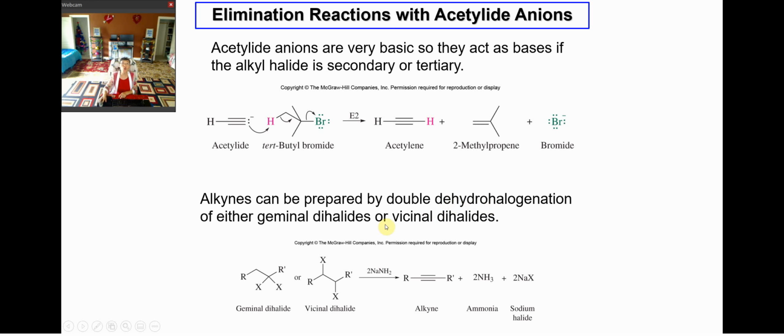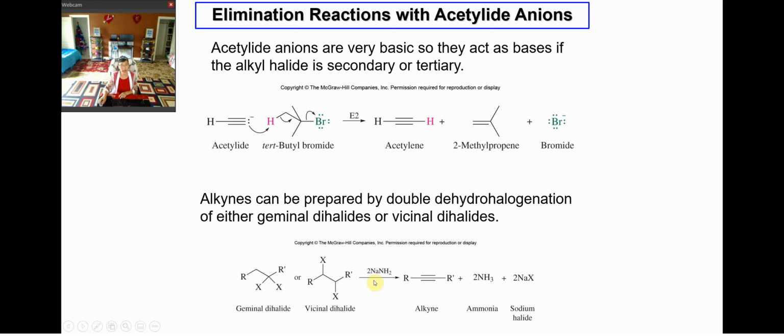Dihalides you can have in two types. One type you call the geminal dihalides. These geminal dihalides have the halide atoms bonded to the same carbon. Your vicinal dihalides have the two halide atoms connected to two different carbons.